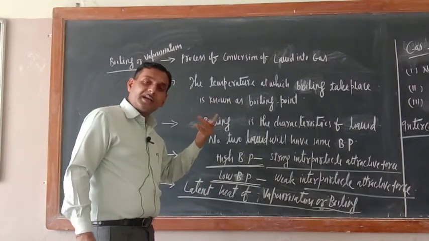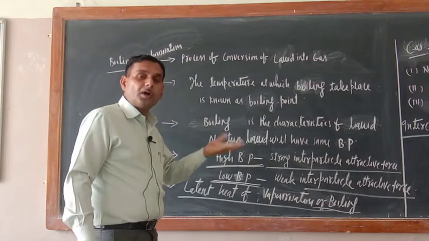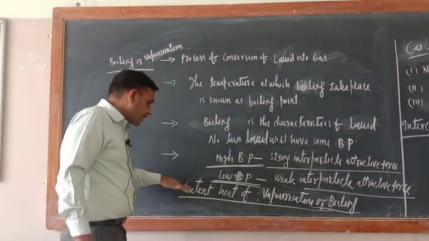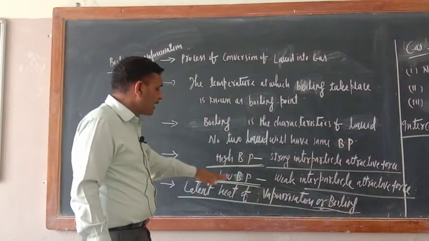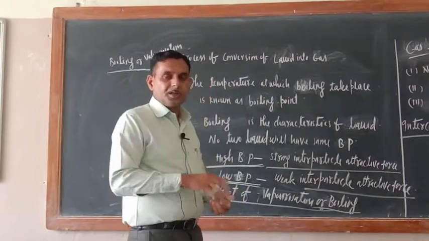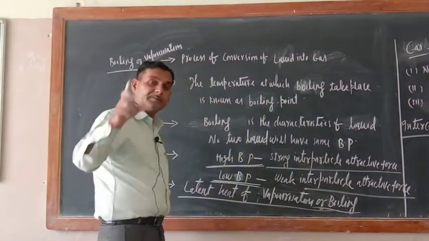So where does that heat energy go? That heat energy is involved in breaking the interparticle attractive force, and that heat supplied is known as latent heat of vaporization or boiling. Now in a standard way, how can you define it? Latent means hidden.